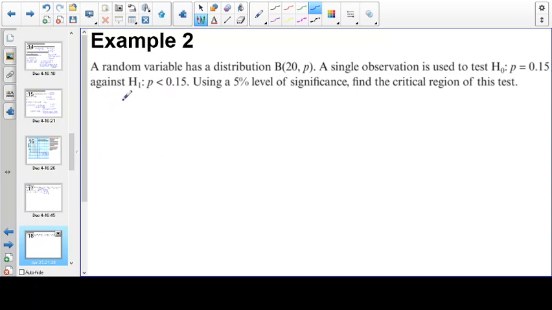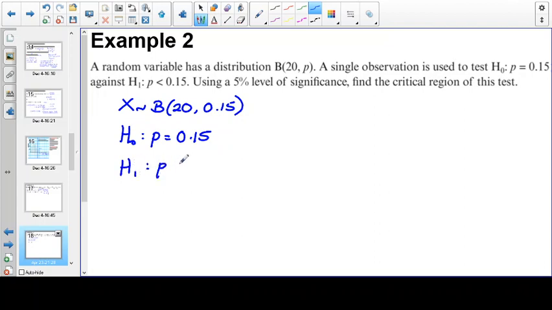So we've got X tilde binomially distributed, 20 and 0.15. We are assuming that the probability is 0.15 and we need to test if the probability is less than 0.15.